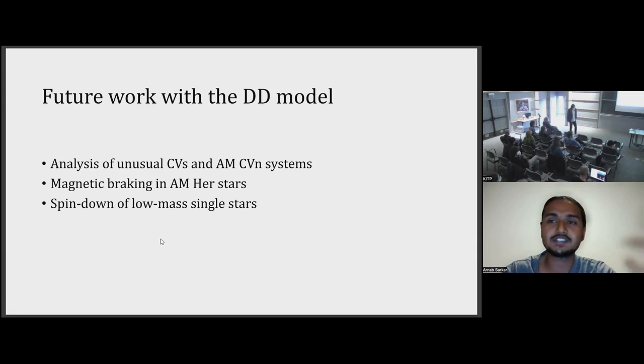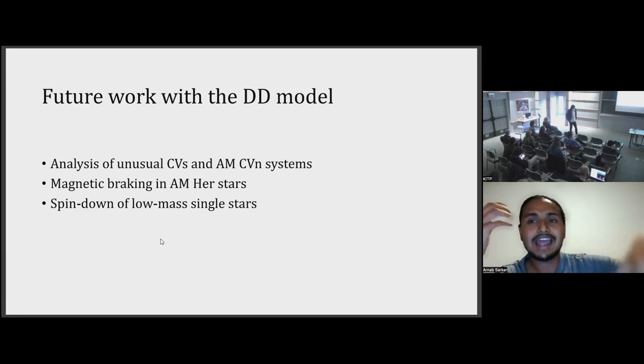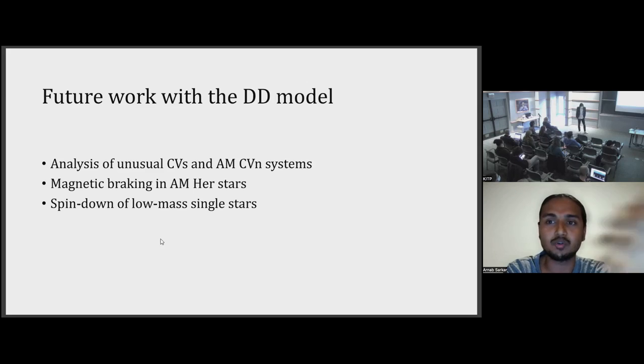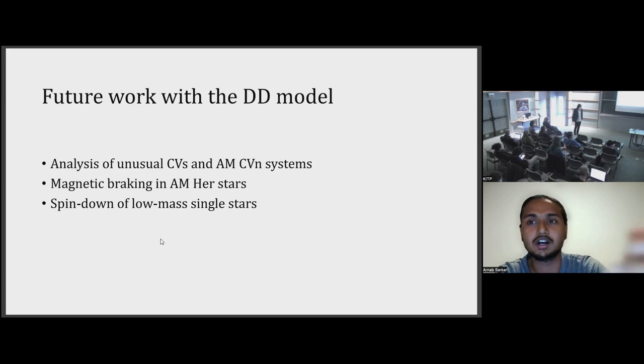So what happens is if the envelope is spinning at the same angular velocity as the orbital period and the radiative core is not spinning at all, the rate of differential rotation is of the order of omega orbital.